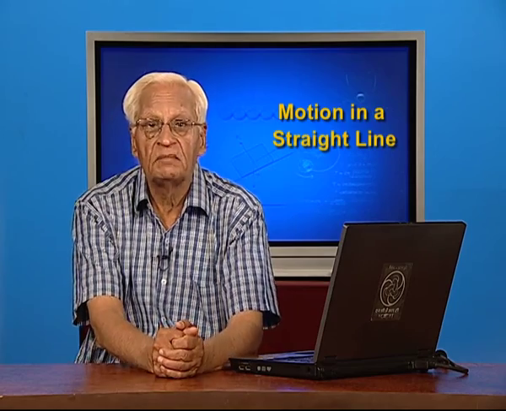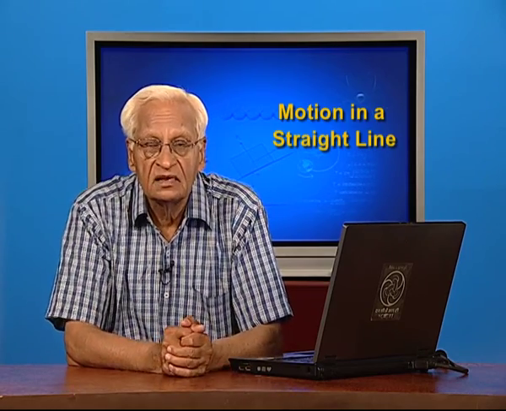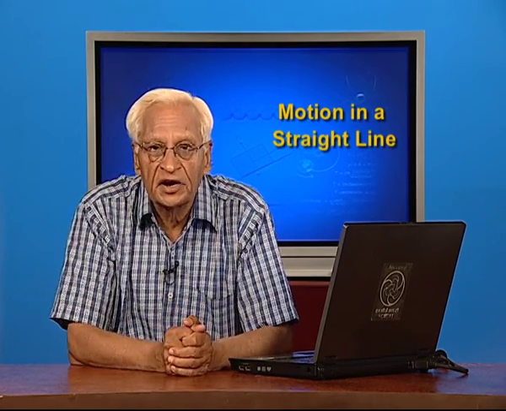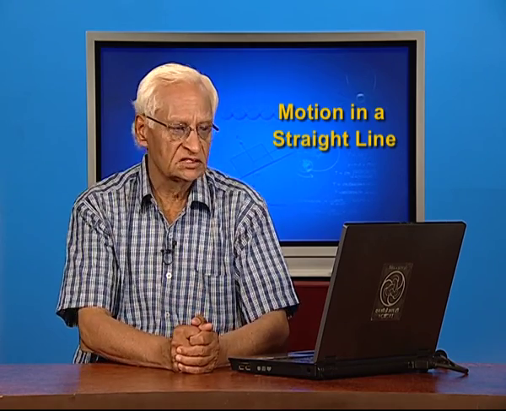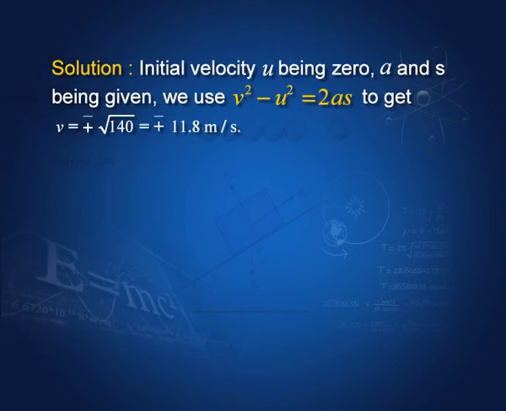I have taken this example to illustrate the fact that when you take a square root, you must consider both the signs, plus as well as minus. So, in this case, the velocity could be plus 11.8 meters per second or minus 11.8 meters per second.